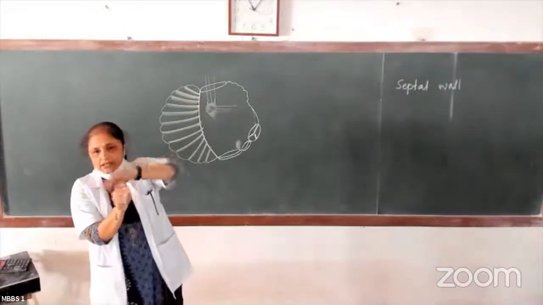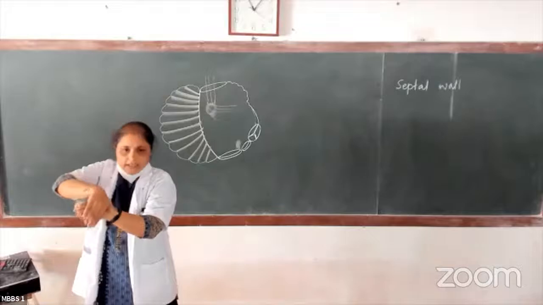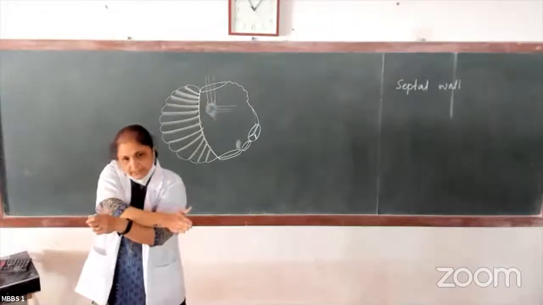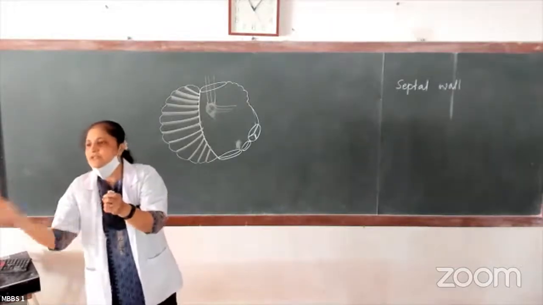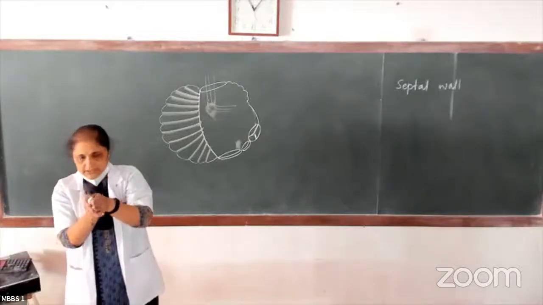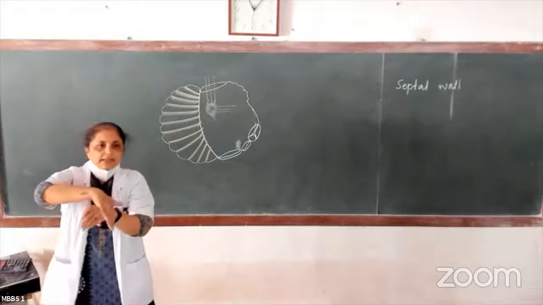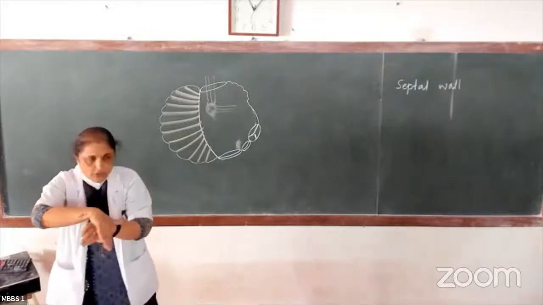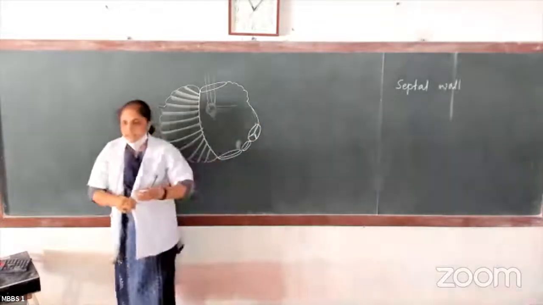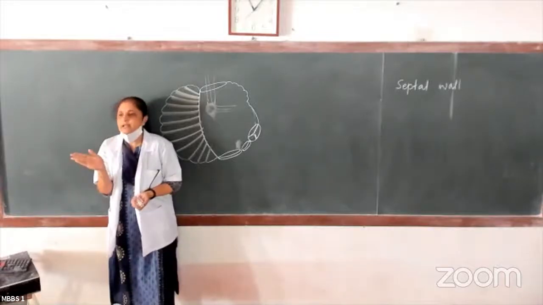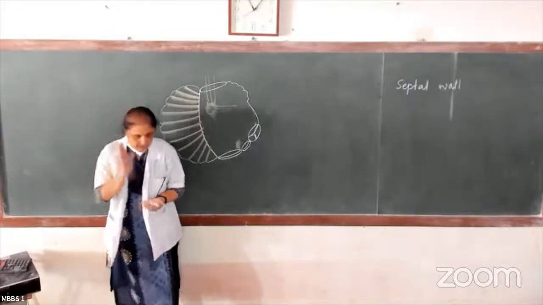It has a right wall and a left wall. The left wall faces the left atrium, while the right wall faces the right atrium, because it is separating the two atria. So the septal wall is also called the right wall of the interatrial septum.